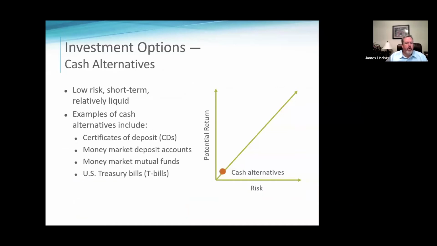So real quick, cash alternatives: low risk, short term, very liquid, great for emergency funds and cash accounts and things like that. CDs, money markets, mutual funds that are money market mutual funds, and treasury bills, T-bills. Those are the levels where you're going to get a really low rate of return, but you're also going to get that stability that we talked about before, that it should be there tomorrow.